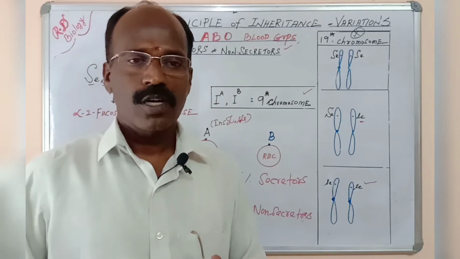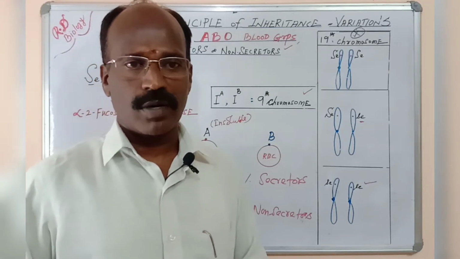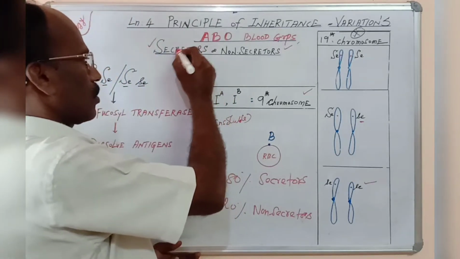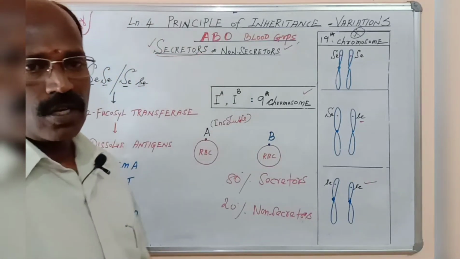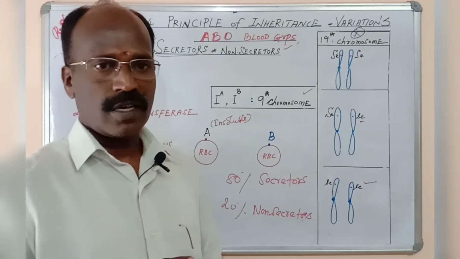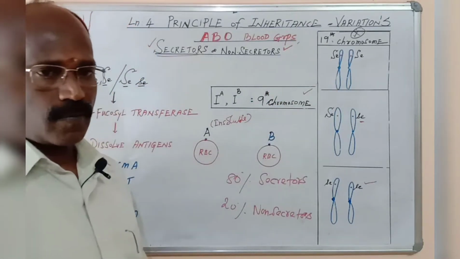Those people who have these soluble antigens in the plasma and other bodily secretions are designated as secretors. Those who do not have these antigens in the plasma are called non-secretors.